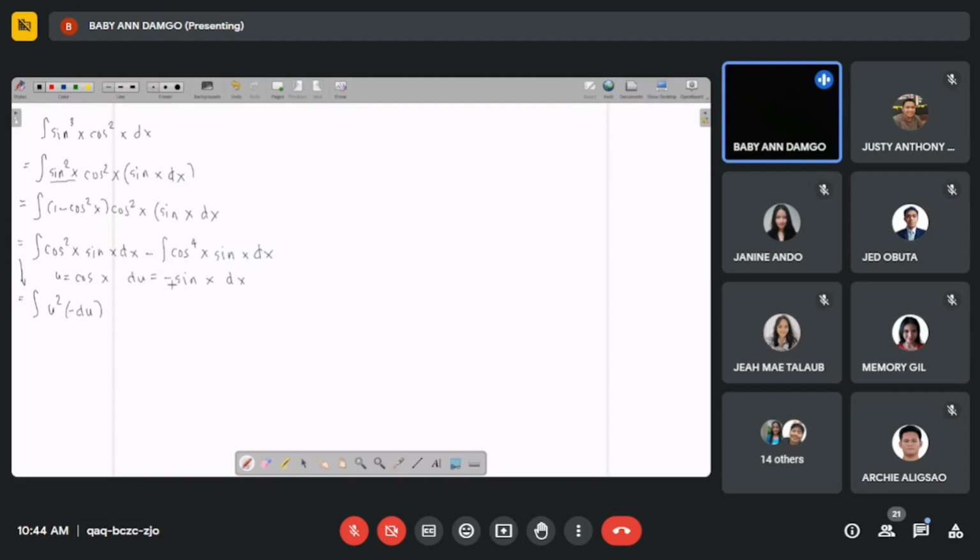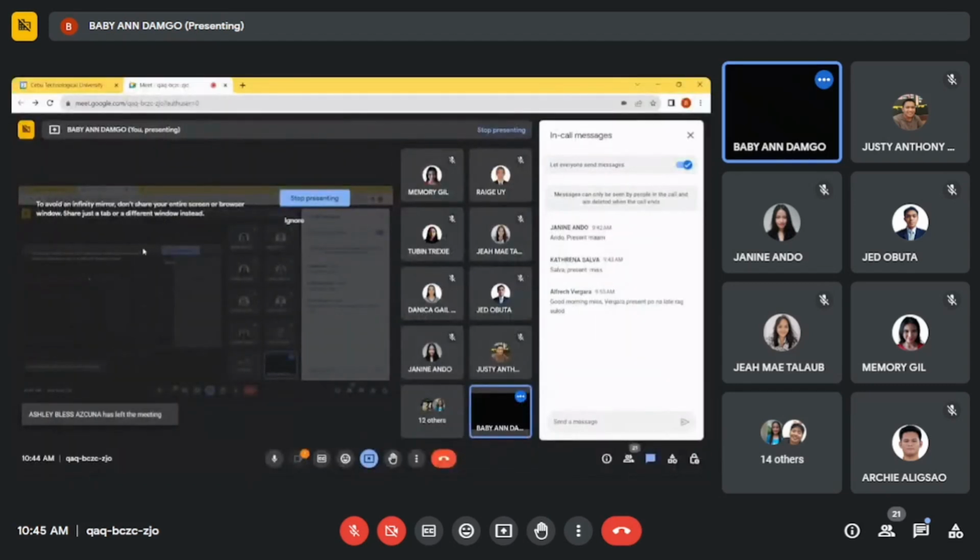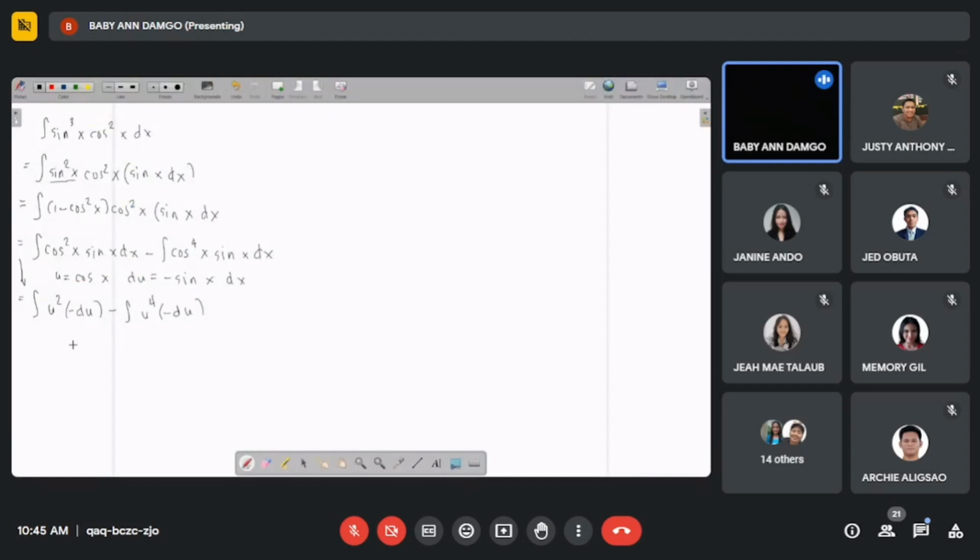So minus the integration of u squared, then u to the fourth, and our sine x dx is negative du. Simplifying, a negative times negative gives a positive, so we have the integration of u squared minus u to the fourth du.